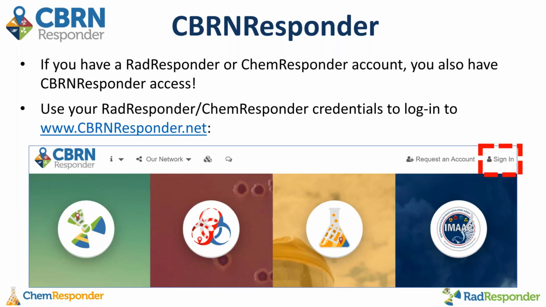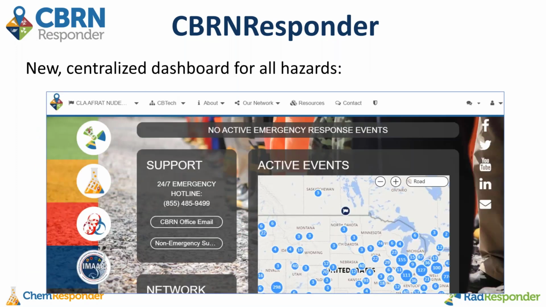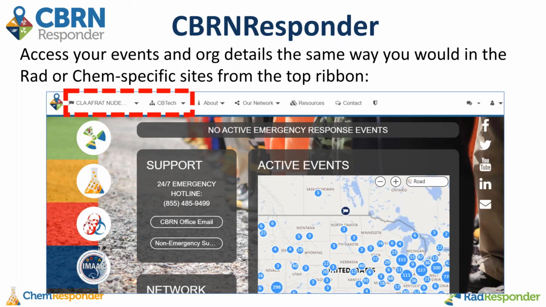But if you are new to CBRNResponder and you need to log in, you do have this centralized dashboard for all hazards, and we can go over that a little bit more in the live demo. And like I said, if you have used our other programs in the past, this should look familiar.